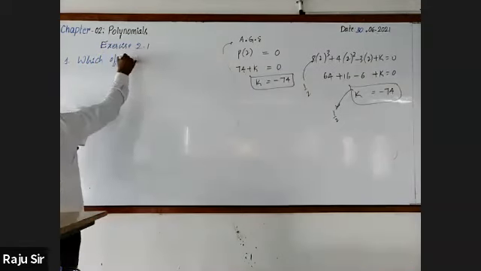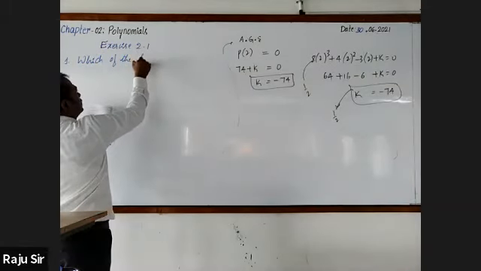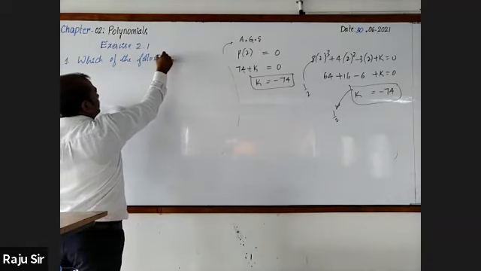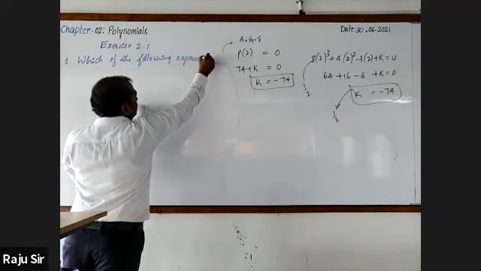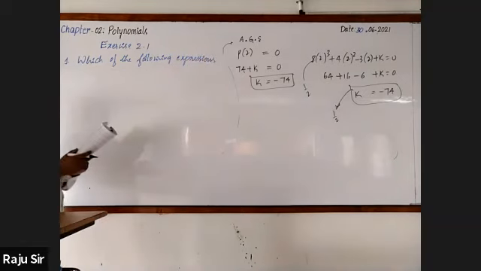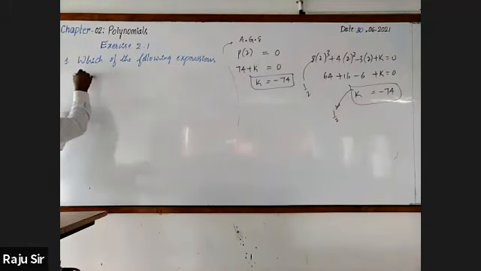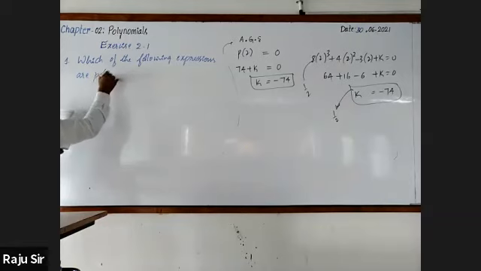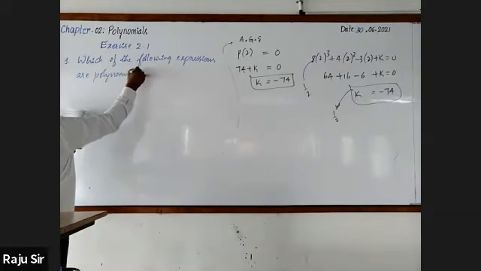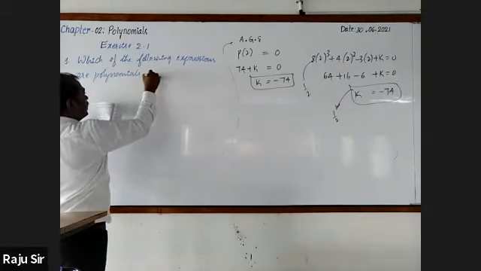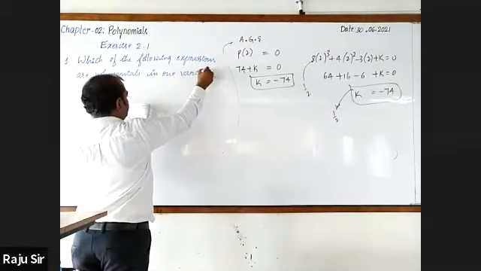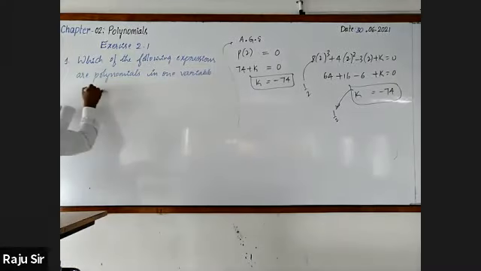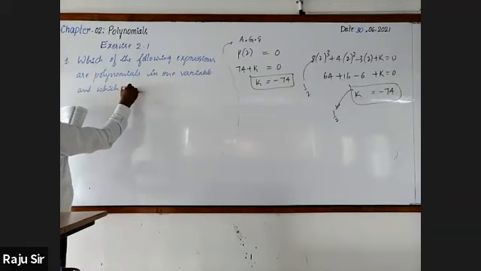Which of the following expressions are polynomials in one variable, and which are not?